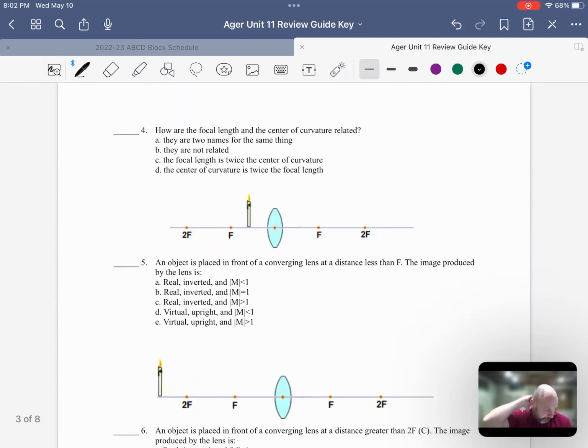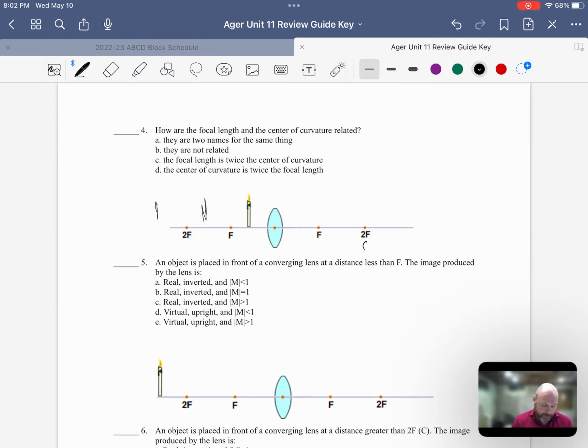How are the focal length and center of curvature related? We didn't talk a lot about this. The center of curvature, the 2F or the C, is twice the focal length. It tells you where to place your object to create different images. Inside the focal length, you get a magnifying glass. Between F and 2F, you get a projector.